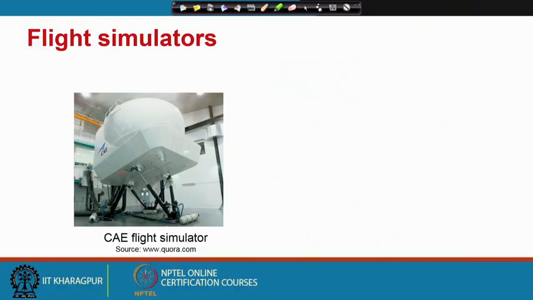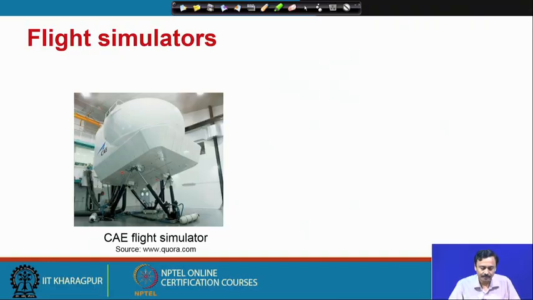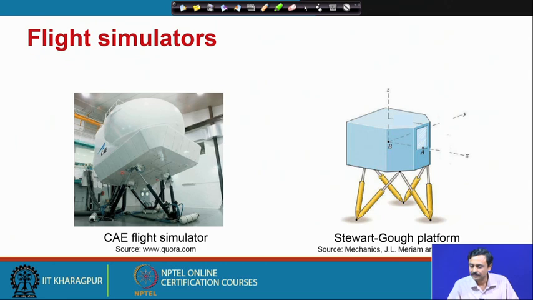So, here I am showing you a picture of a flight simulator made by a company called CAE. Now, this looks quite complicated, so I have a simpler picture on the right. This is called the Stewart Gough platform, based on which this flight simulator has been made, and you can see the similarity.